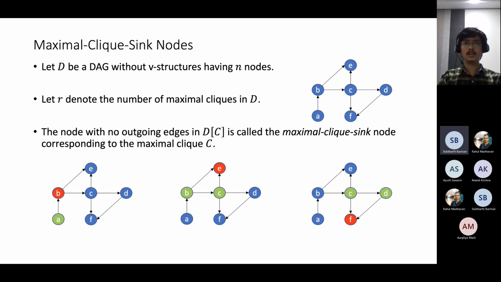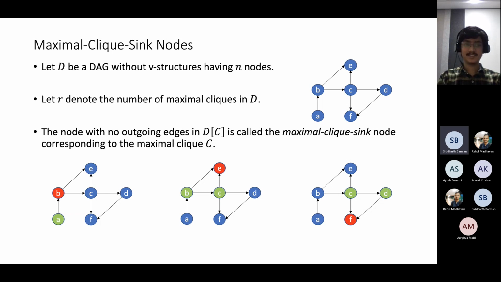My confusion was that R could be more than N. In general, if you remove the V structure property, the N minus R quantity is delicately linked to the fact that you're dealing with chordal graphs. Yes, exactly.